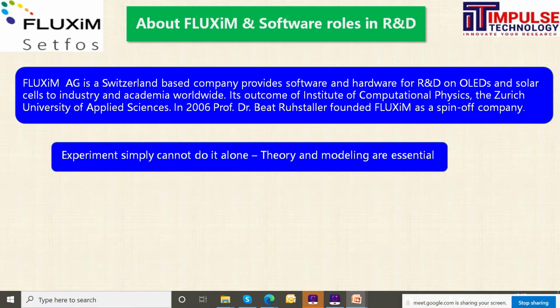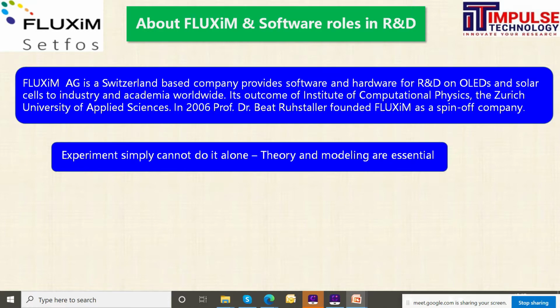B. Ruhstaller. As you know, software plays a major role in research, because whenever you do an experiment, you may not get the expected result in a single click. Sometimes the results may be wasted, and many institutes do not have high equipment facilities. Some big instruments are not there.